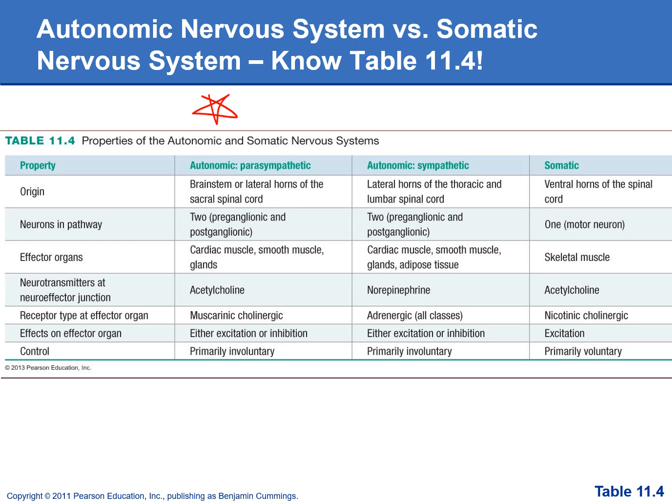So like the origin, remember parasympathetic, we call that craniosacral. And then remember sympathetic, we call that thoracolumbar.